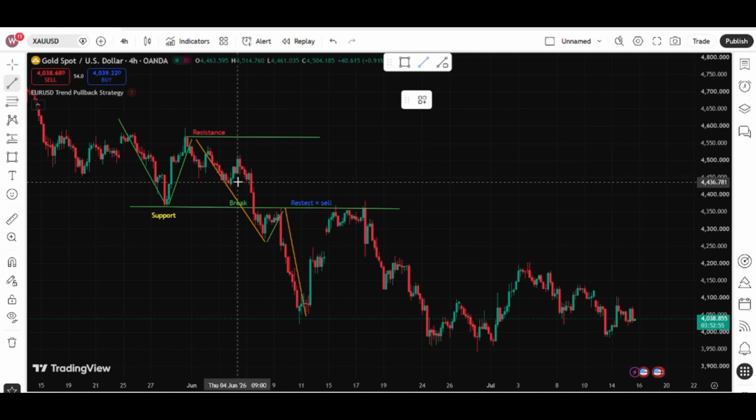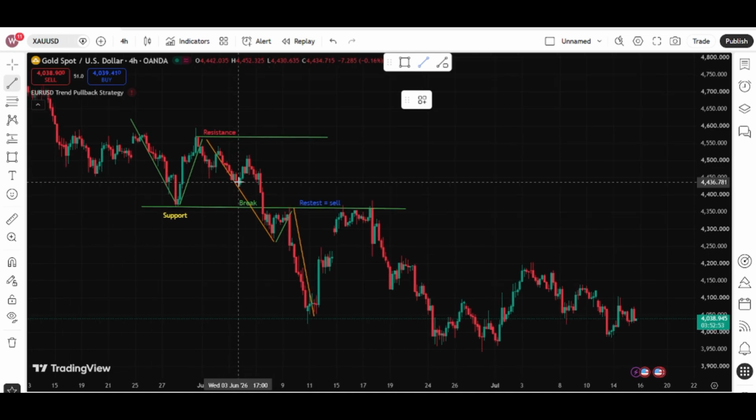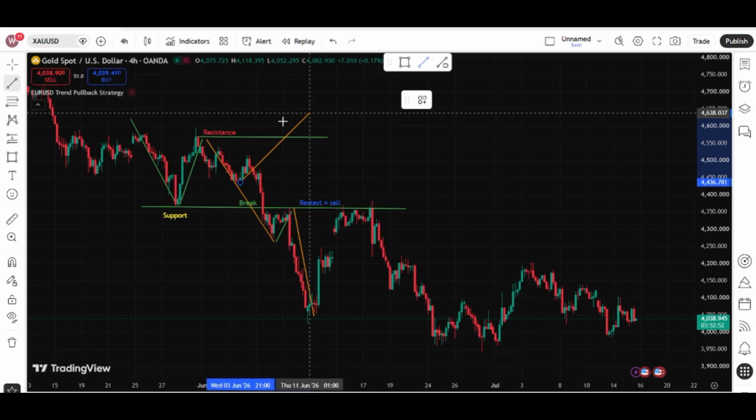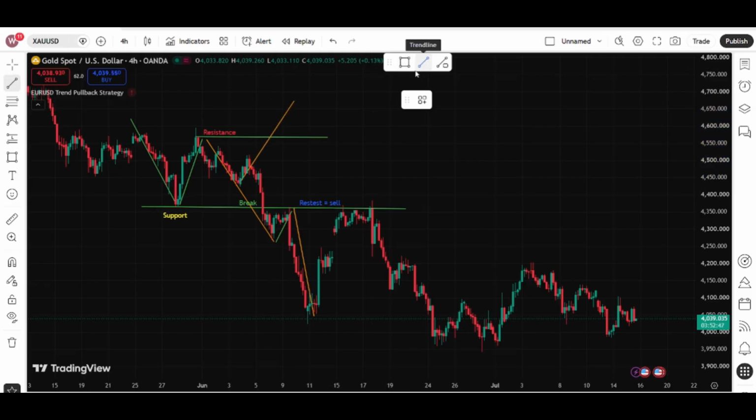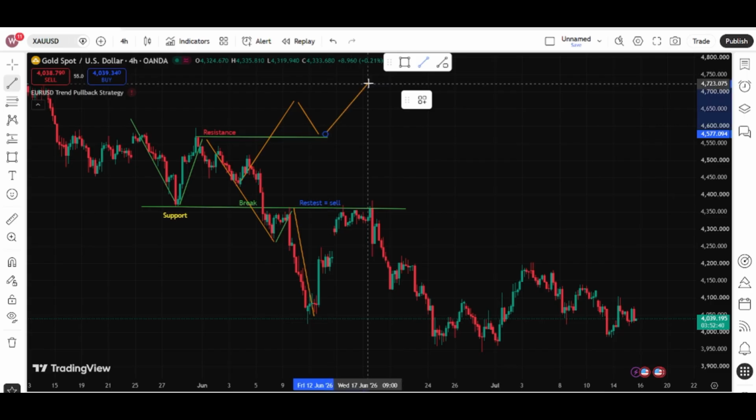We could have come down here and then we broke to the upside and then retest here, and we could have bought here and went up.